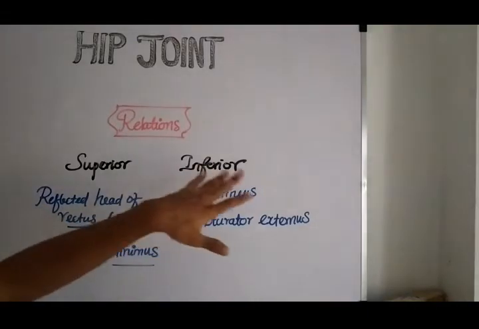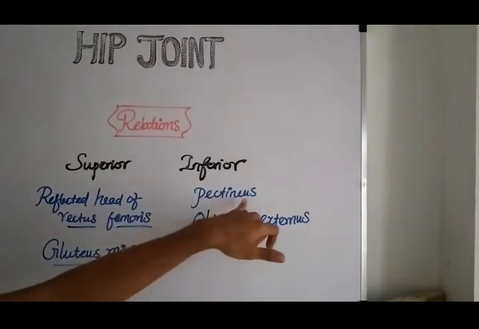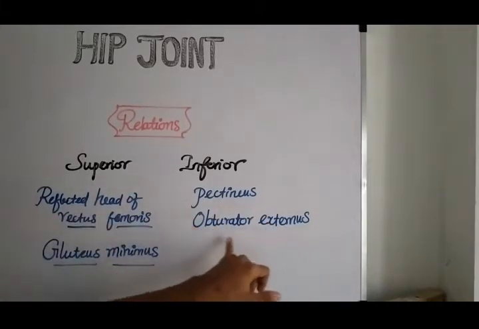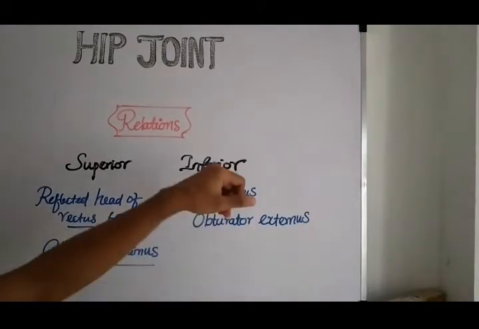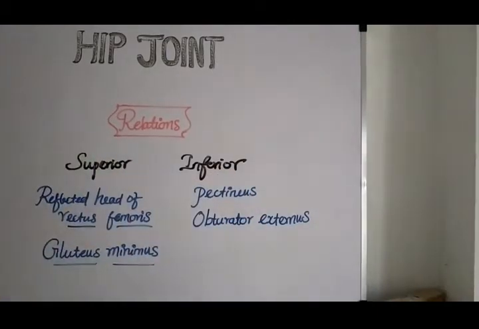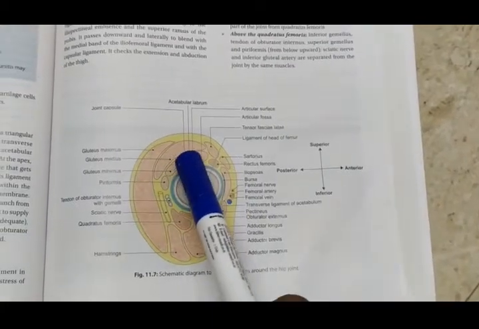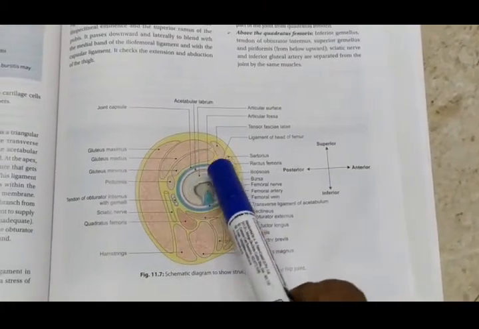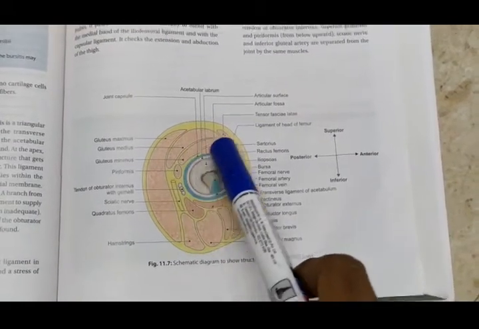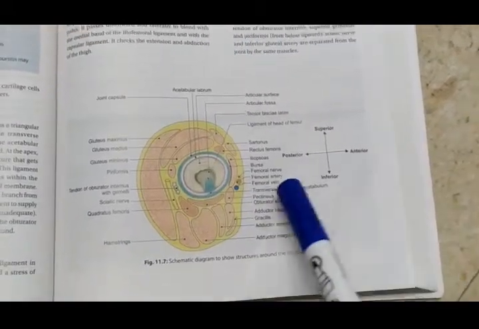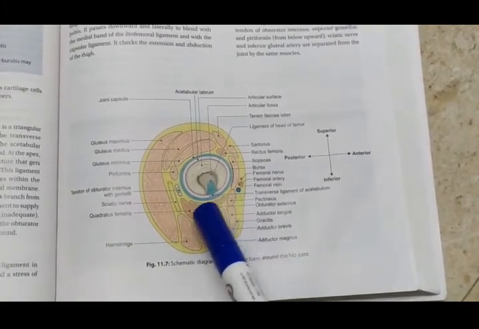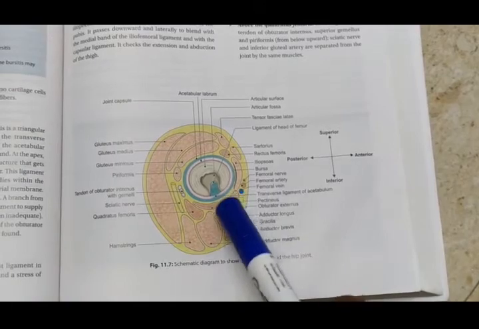And the inferior relations will be the pectineus muscle, and as I said in the posterior relations, the obturator externus muscle also present inferior to the joint. The superior relations are the rectus femoris, here you can see, and the gluteus minimus. And the inferior relations are the obturator externus muscle and the tendon and the pectineus.